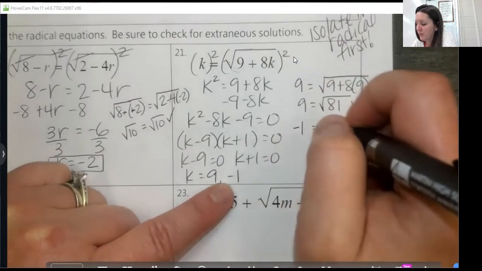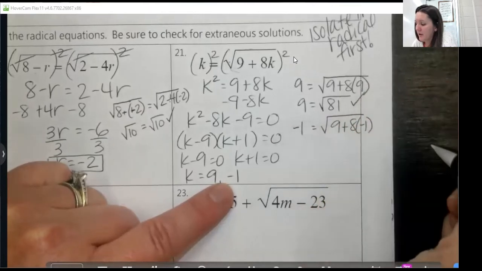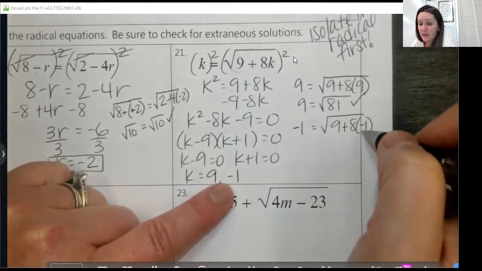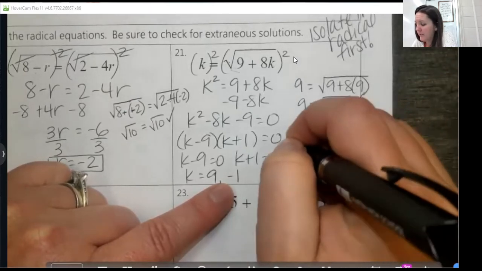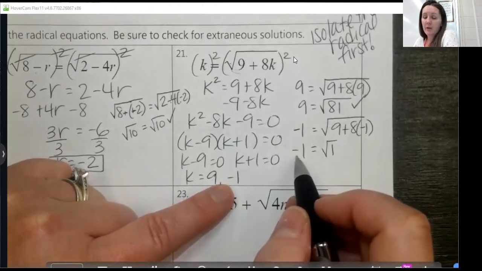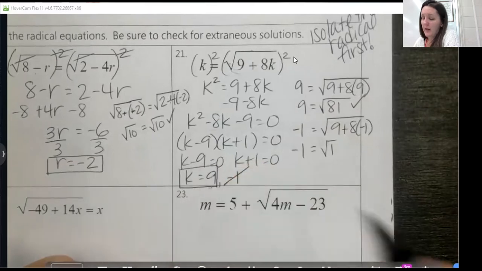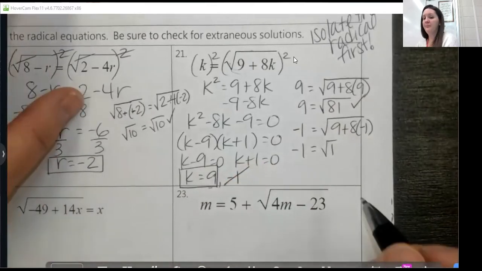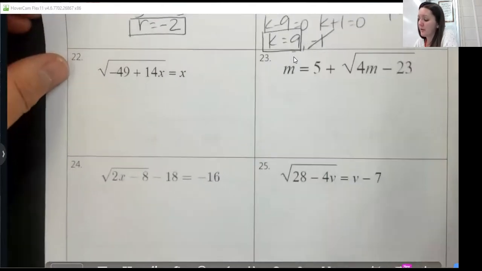Negative 1 equals square root of 9 plus 8 times negative 1. All right, 8 times negative 1 is negative 8. 9 minus 8 is 1. But see here, you can't take the square root and have a negative number. So negative 1 is not a solution. Only 9 is a solution, right? Make sure you're checking for your extraneous solutions.